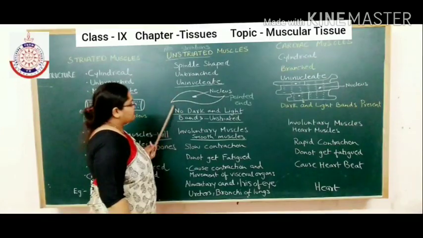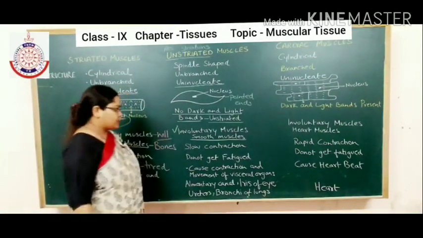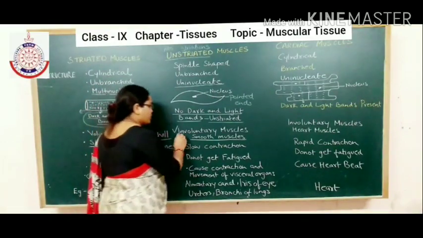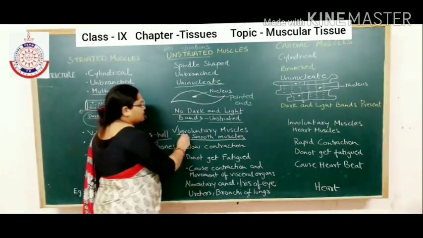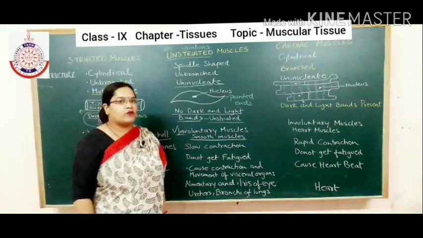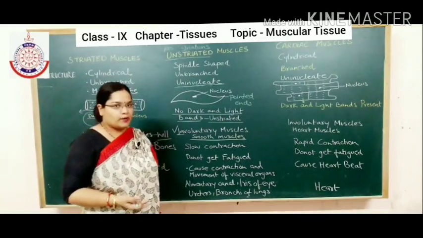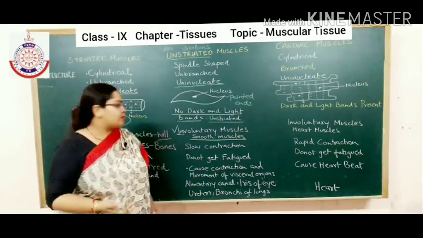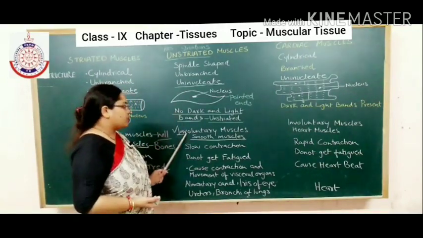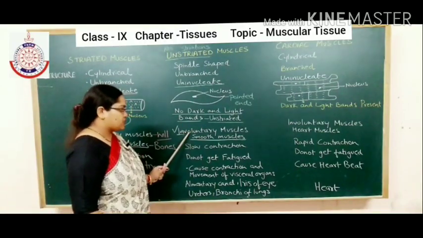These unstriated muscles are known as involuntary muscles. What do you mean by involuntary muscles? The muscles which do not work according to the will of the person. They are controlled by the brain and spinal cord.